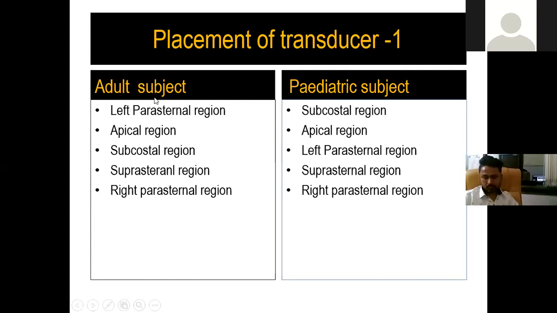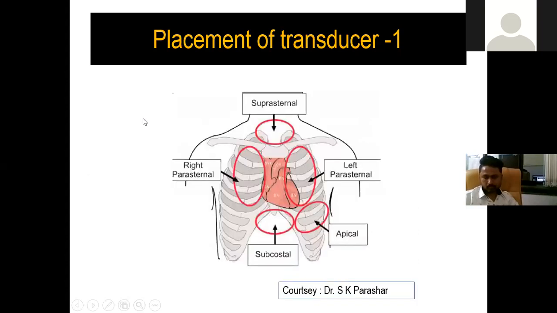So at this present moment, we talk of the left parasternal region. What are these windows? The left parasternal window is the left third intercostal space, close to the sternum. Apical, fifth intercostal space, is the apical window. Subcostal is in the xiphoid process.